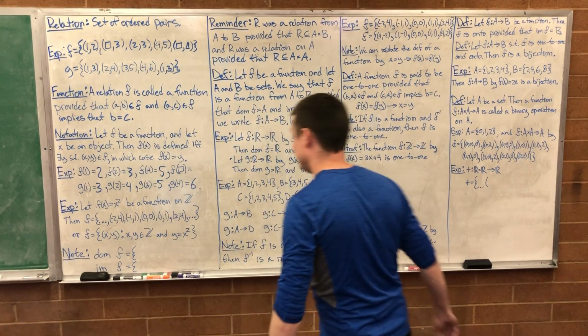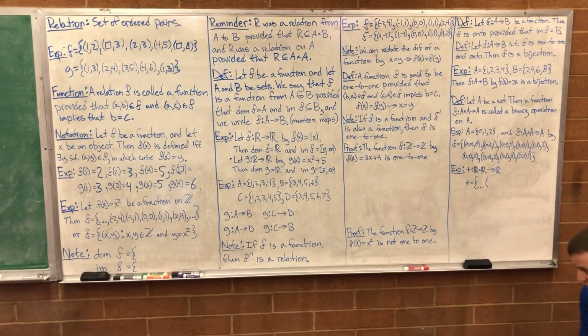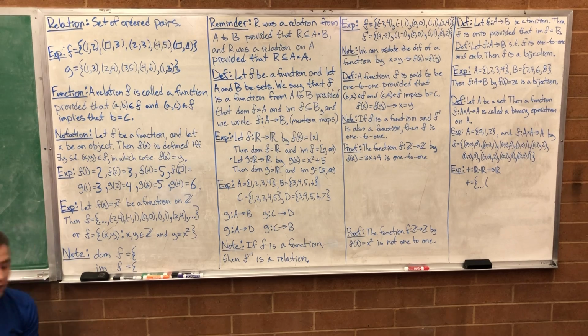So, let's see what I've got there. Oh, the domain, and then we said codomain in this book. So, going back to relations, remember what the domain of a relation was? All the left-hand elements. And the codomain was?